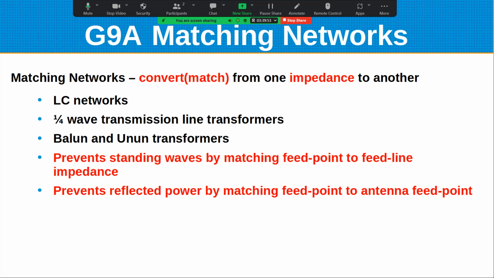Then there's also balun and unun transformers, which you'll see on end-fed wire antennas, on off-center fed. You could use one for a horizontal dipole that was 75 ohms. And you have to play a little bit to get the right turns ratio.